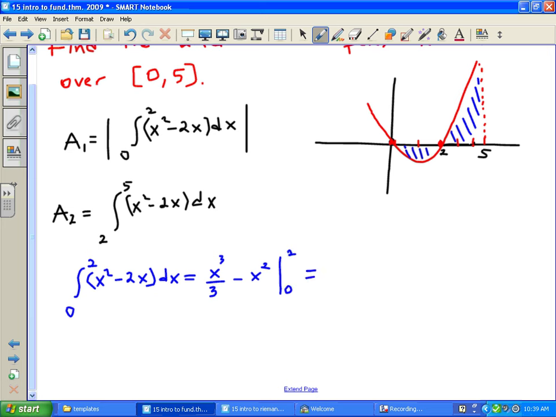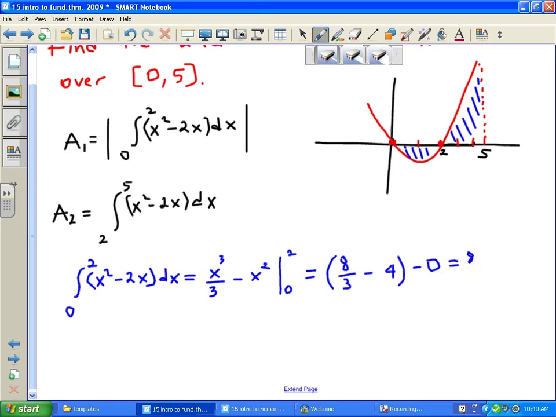So once again, we take the antiderivative, of course, plug in the upper limit minus the lower limit. So if I plug in 2, I get 8/3 minus 4. Plug in 0, I get 0.